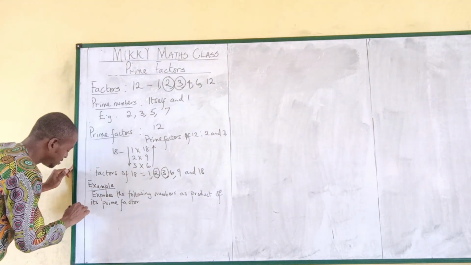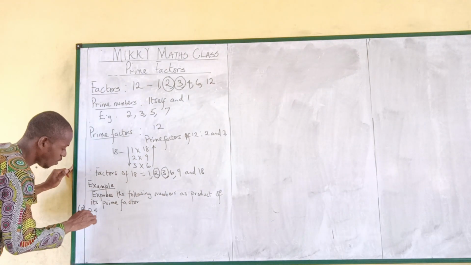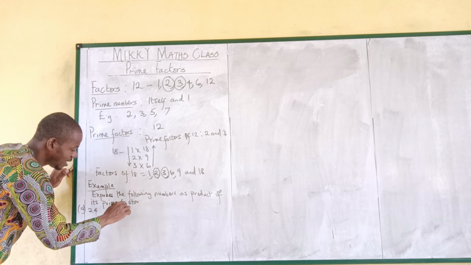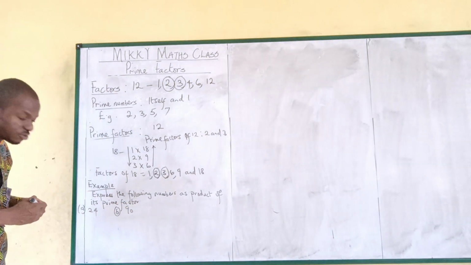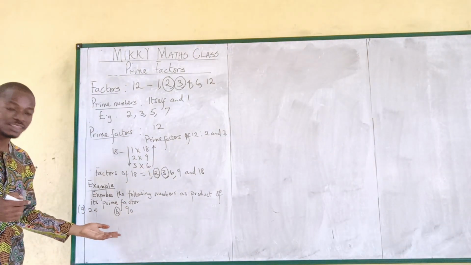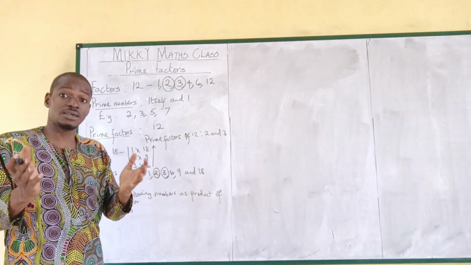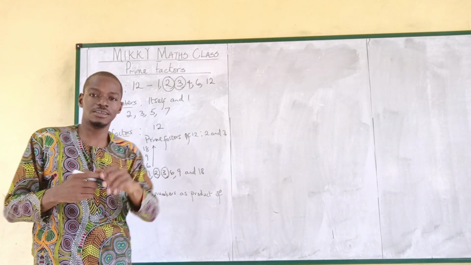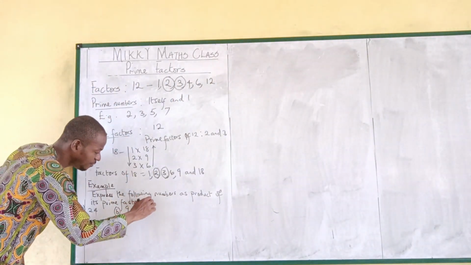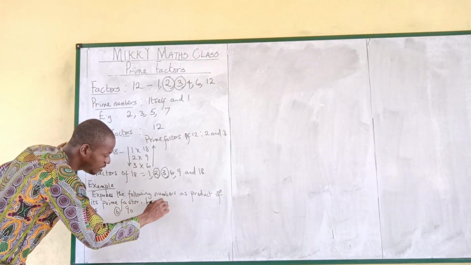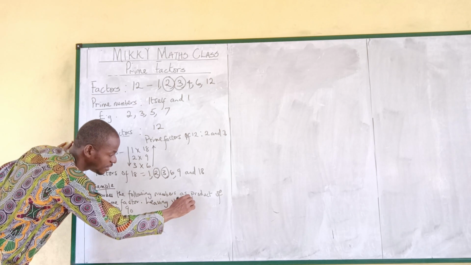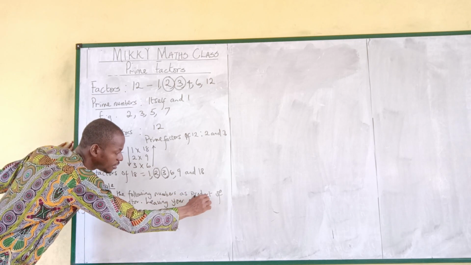Express the following numbers. Let's see, 24. Let's take this one, 90. You can be asked to express 24, 90 as product of its prime factors. Some question might say, okay, leave your answer in index form. Let me add it. Leaving your answer in index form.